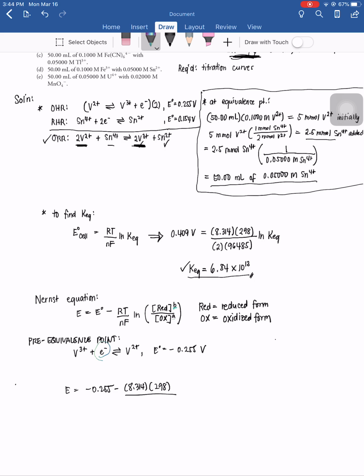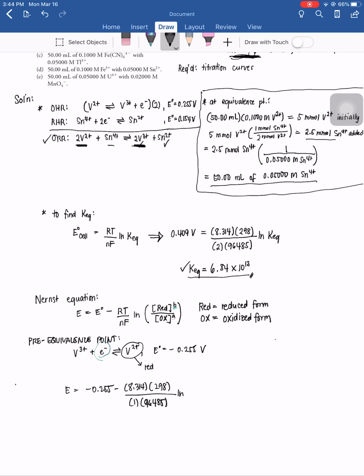There's only one electron, so I just write 1, times 96,485, ln, the reduced form. Ito ang reduced form natin, the one that is listed on the right side ng ating half reaction listed on the table.